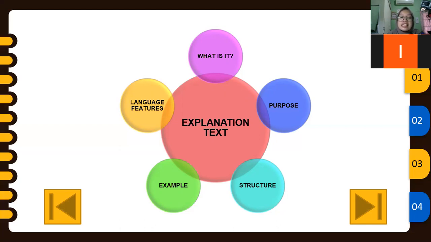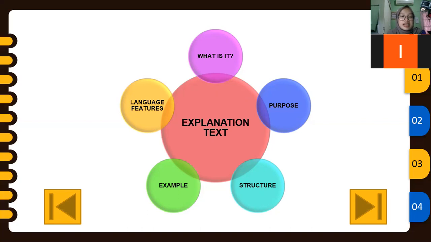Yes, there are six language features of explanation text. And please mention the formula of passive voice. Subject plus to be plus verb 3.